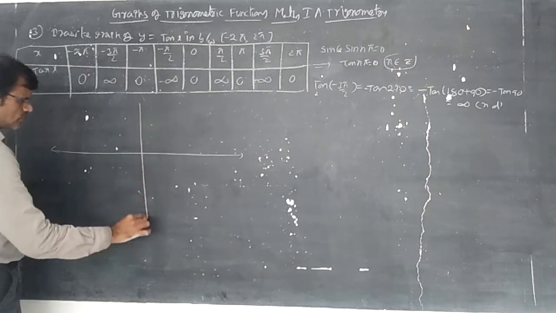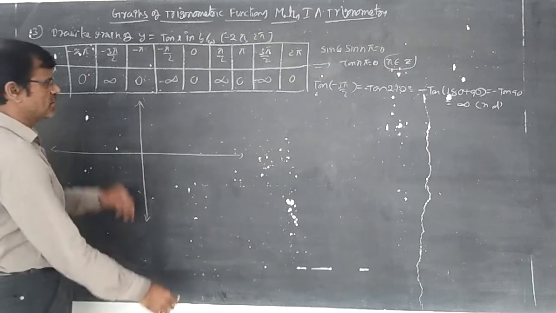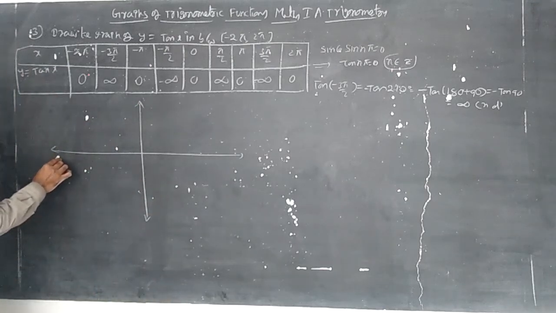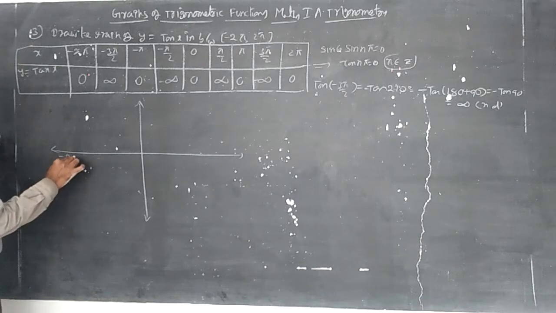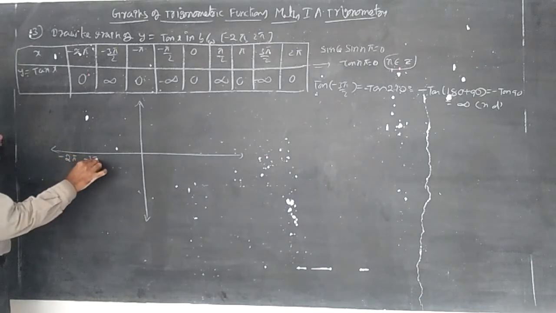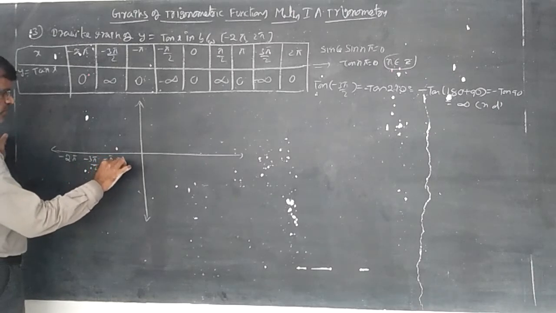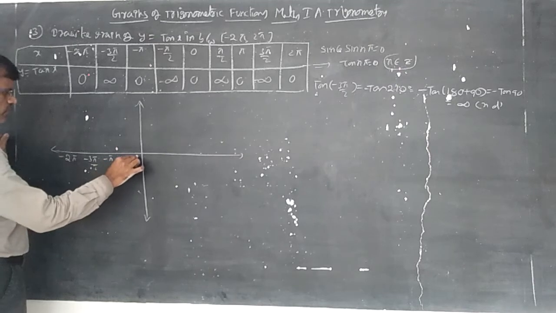Now there is no question of 1 and minus 1 like sine and cos. Draw like this: minus 2 pi, minus 3 pi by 2, minus pi by 2 and 0.